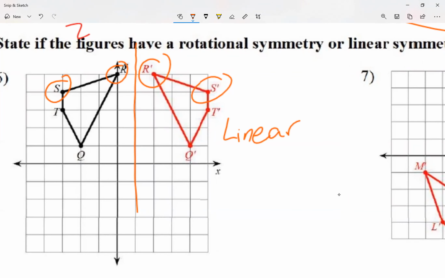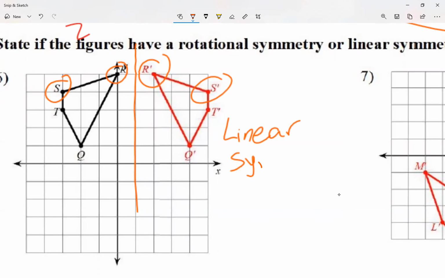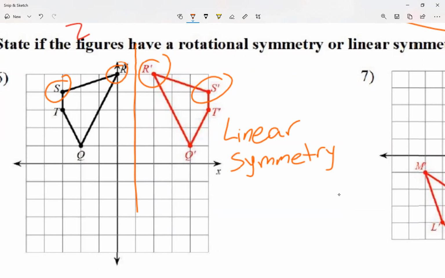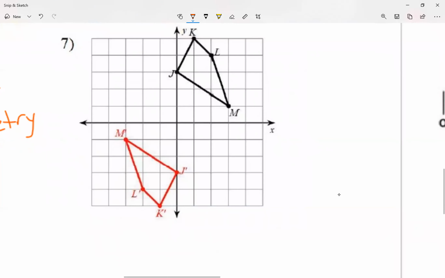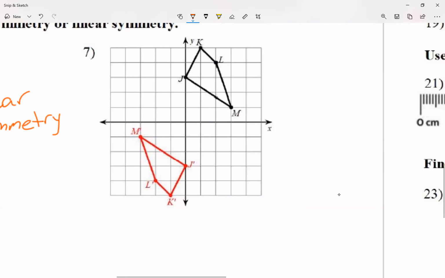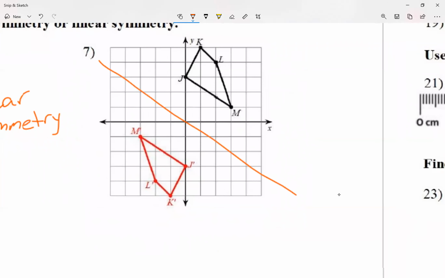Let me write this thing down, linear symmetry. Interesting. I'm able to reflect it, so we call this linear symmetry. Now let's take a look at number 7. The first thing I'm going to imagine is, can I get linear symmetry? So let's see. Let me imagine a line right here in the center.